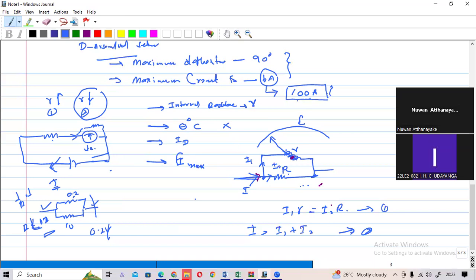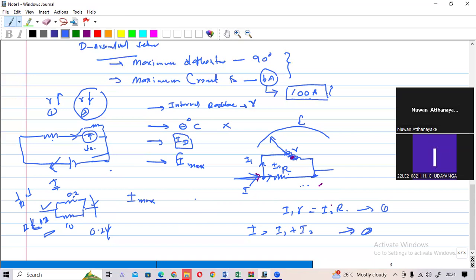That is 200 mega. And we have the maximum current that can be measured by the D'Arsonval resistance. So if you need the maximum value, if this is Imax, some part is going through this one, and the maximum current also will go through this one.